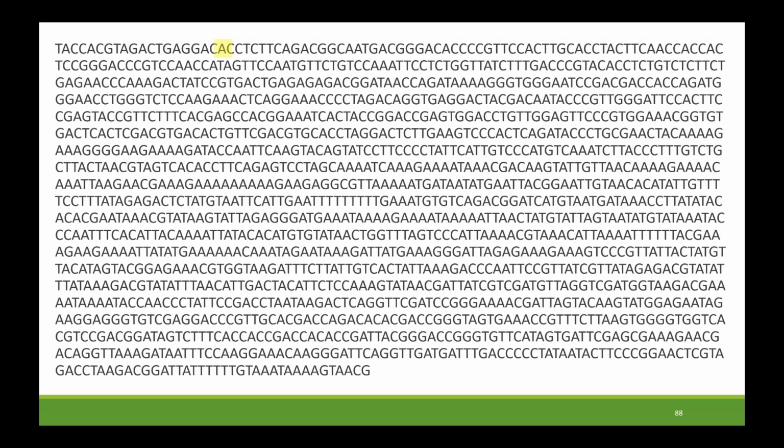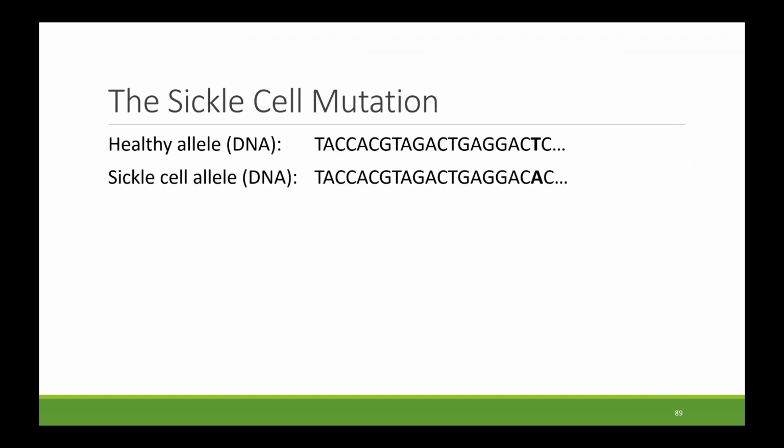And I'm going to pull this first sequence of letters out and show you so that you can see it more clearly. On the top is the sequence of letters at the beginning of a healthy hemoglobin gene, and on the bottom is the sequence at the beginning of a sickle cell gene. The mutation is bolded.